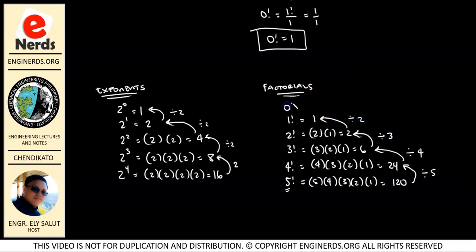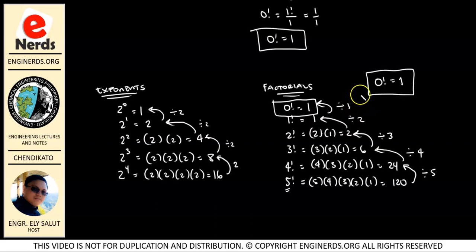Now, 0 factorial. 1, if you divide by 1, this is still equal to 1. So, as you can see, we also have here 0 factorial is equal to 1. And this is how we prove it using patterns.